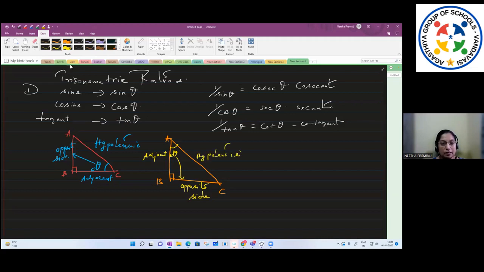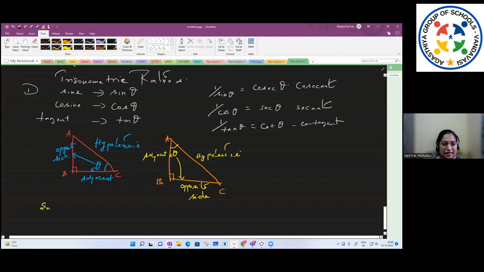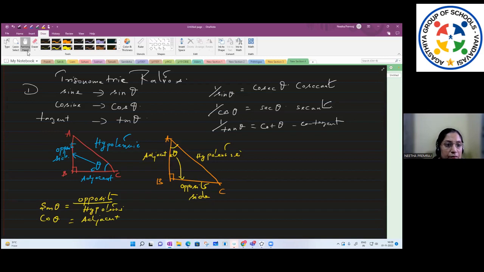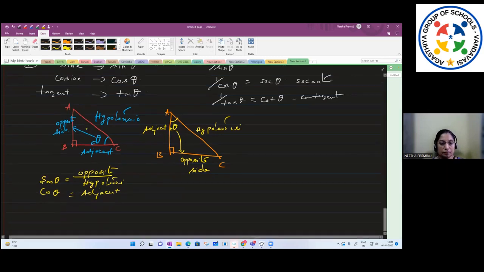Then what are the ratios? How do you find sin, cos, tan? Sin theta is equal to opposite side by hypotenuse. Then cos theta is adjacent side by hypotenuse.